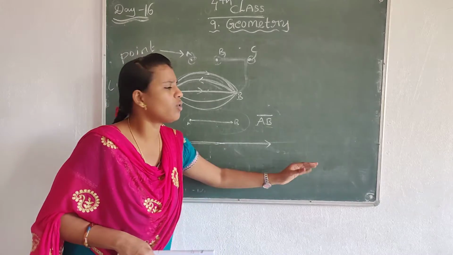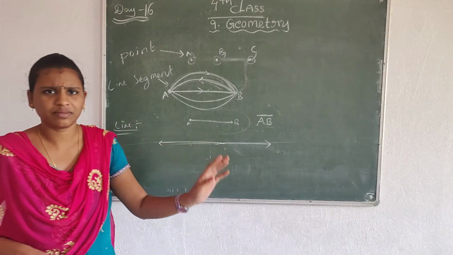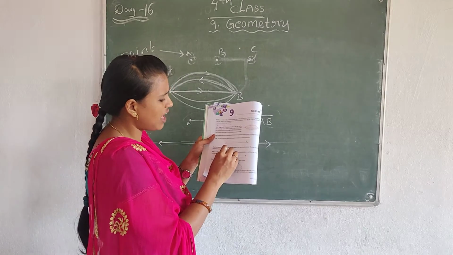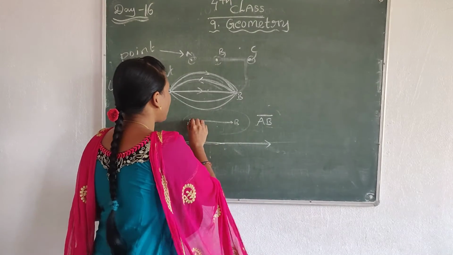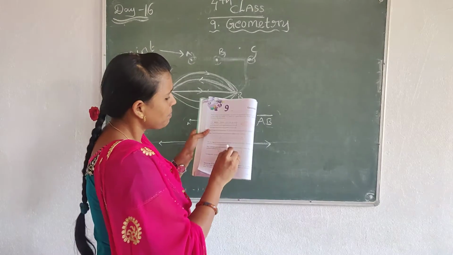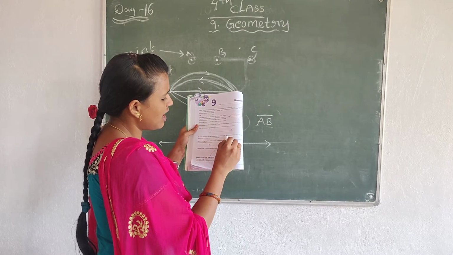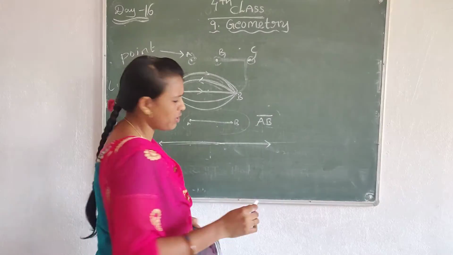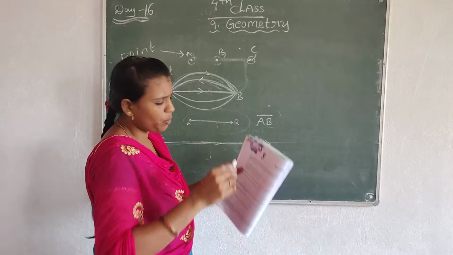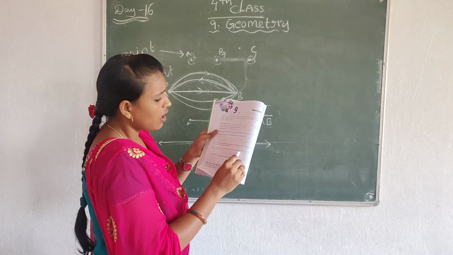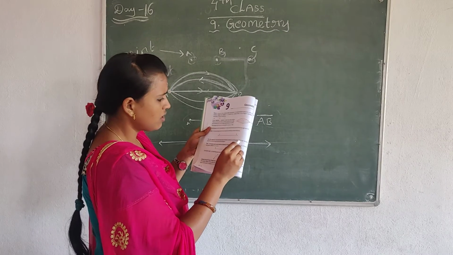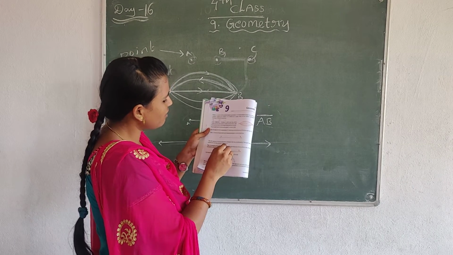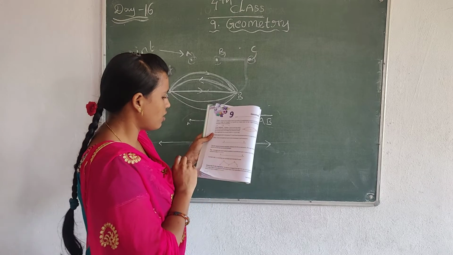So we can extend both sides endlessly. The line segment has two endpoints, whereas a line has no endpoints. So we can extend as you wish. Through two given points, one and only one line can be drawn.